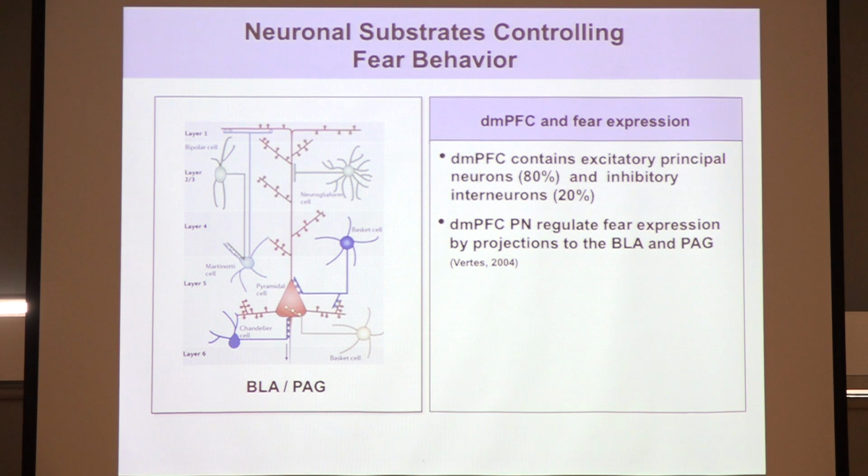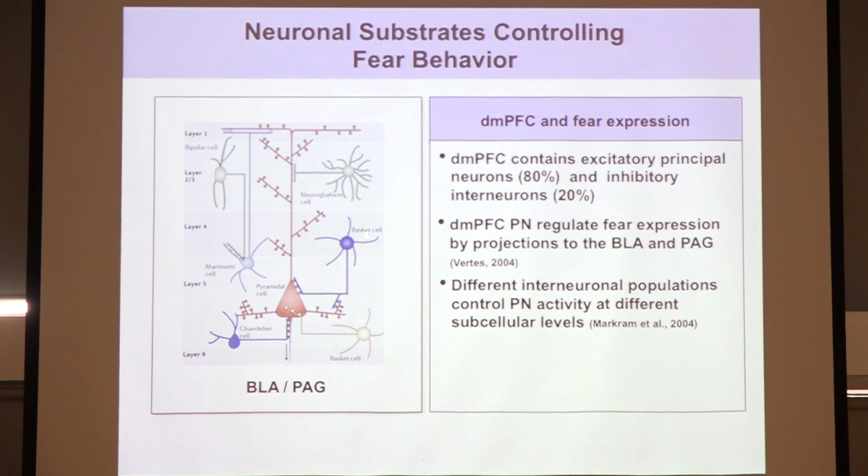So we know from anatomical studies that the pyramidal excitatory neurons in the prefrontal cortex project to both the basolateral amygdala and the periaqueductal gray, and to many other structures, but I'm just mentioning the ones that are involved in fear behavior, the basal amygdala and the periaqueductal gray. As I said, there are different populations of interneurons that regulate the activity of principal neurons at different levels, at the soma, and at the dendritic level as well.